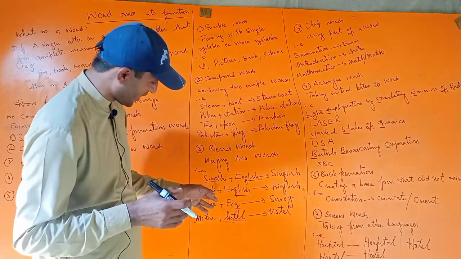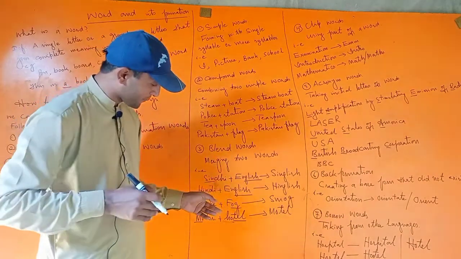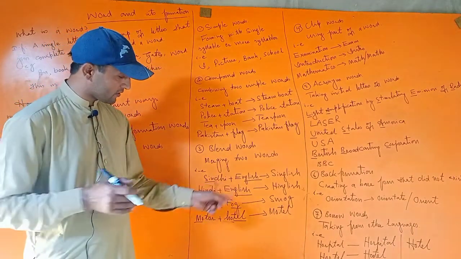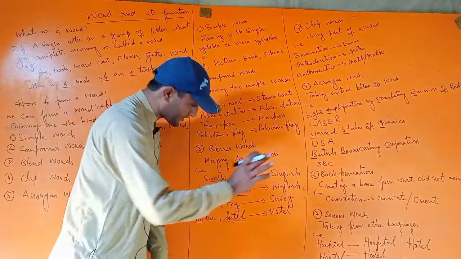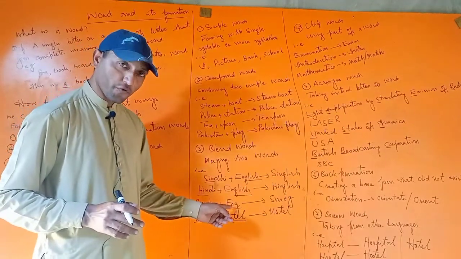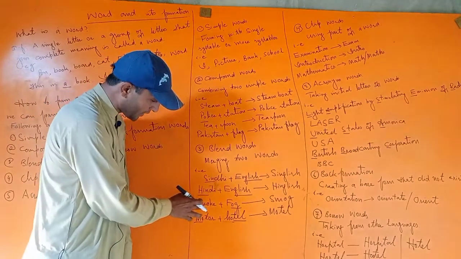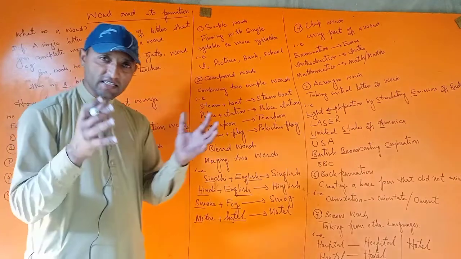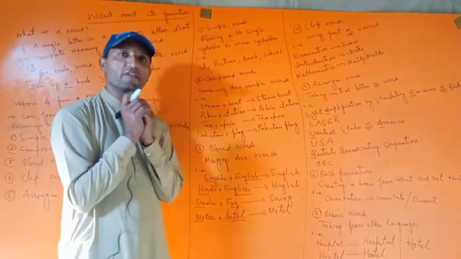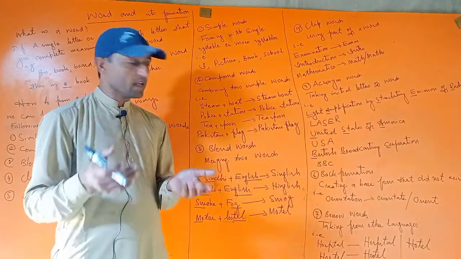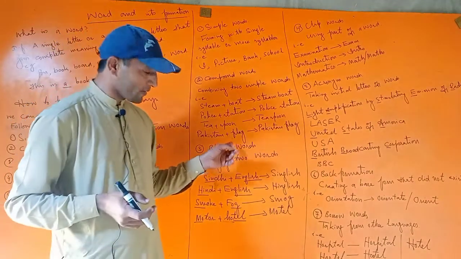Similarly, we have Hindi plus English. Then we have smoke and fog: SM plus OG, we have smog. This is a mixture of two different words, and it is called a blend word.